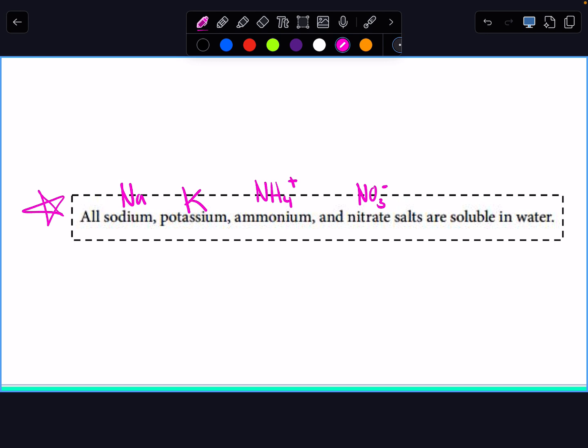If it doesn't have one of these, then the default is to assume it's the precipitant. The precipitant is the other name we give the solid that got made, because it precipitated out of the solution. Does that mean they're always spectators? Yes, another great way of saying it, Rachel. These will always be spectators every time. Have a smiley face for that.